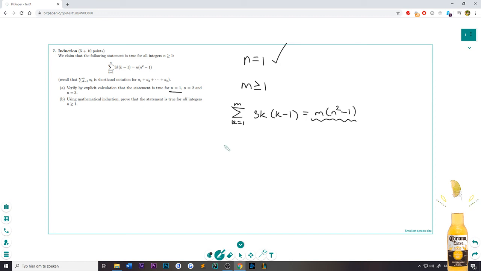Now, if we want to find the sum of k is 1 to m plus 1, well, that's the same as saying this thing plus the term for m plus 1, right? So then what we get is the sum for m plus 3 times (m plus 1) times (m plus 1 minus 1).